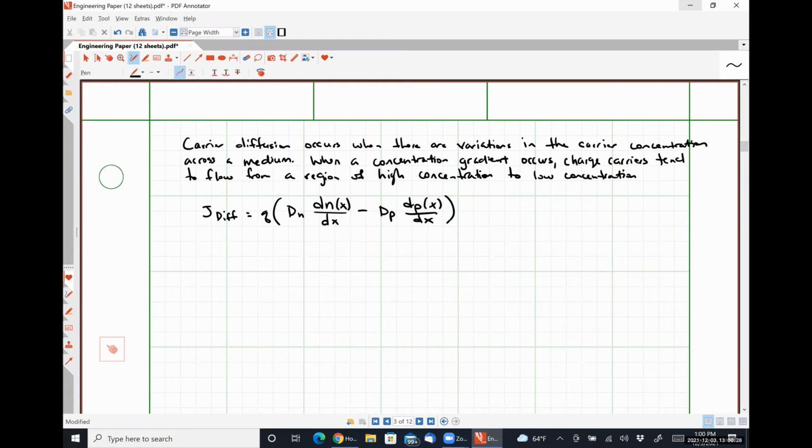Why is there a minus sign here for diffusion current density when there was a plus sign for holes? Or excuse me, for drift. Because however many holes we have are going to slow down the diffusion.